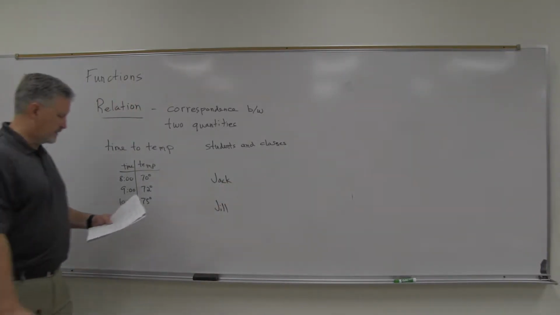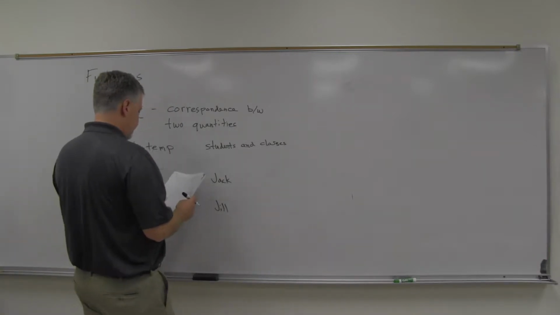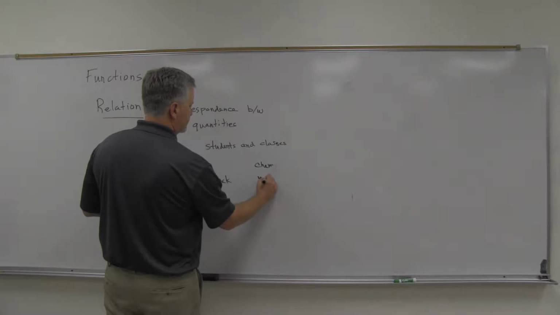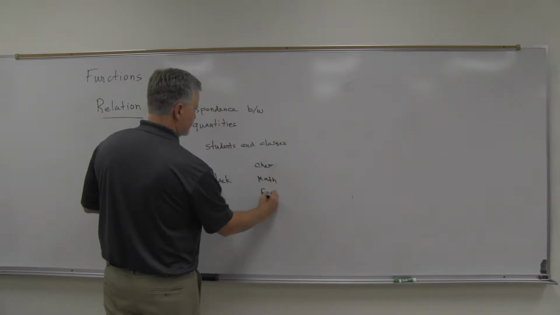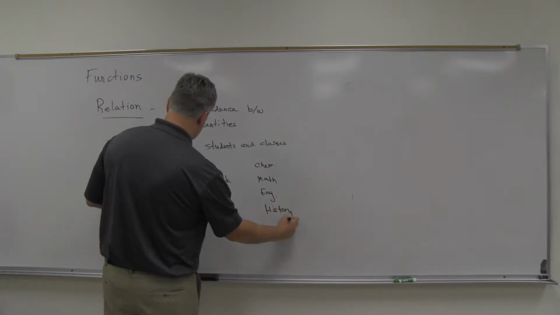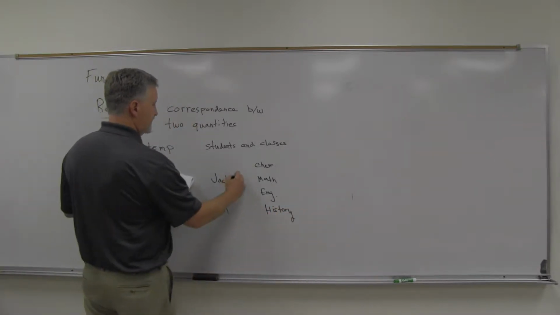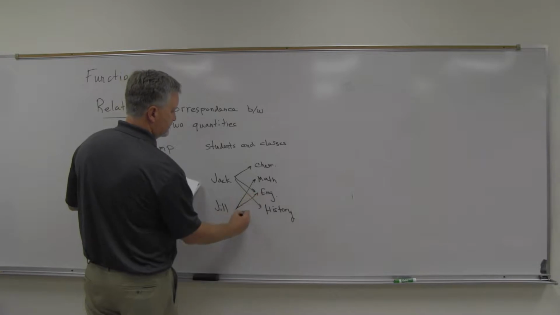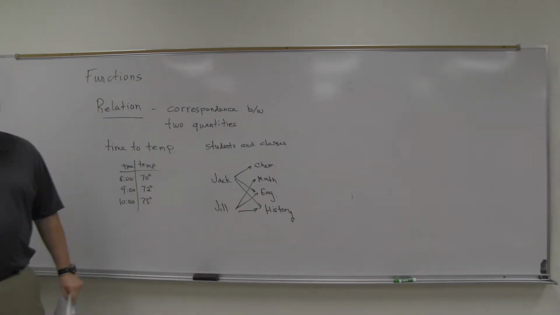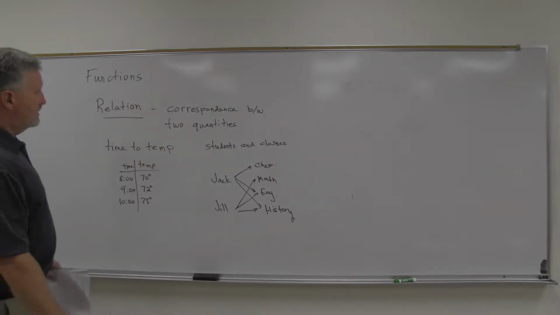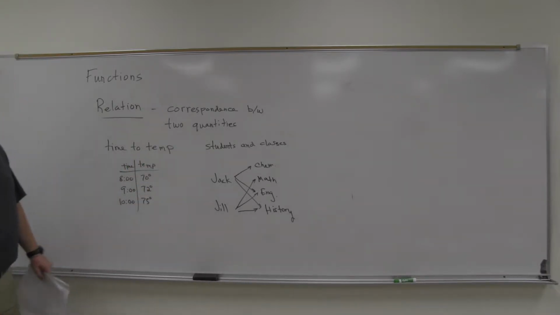So Jack and Jill, and then over here we're going to have our possible classes: chemistry, math, English, and history. Well, Jack's taking chemistry, English, and history, and Jill's taking math, English, history. It's called a mapping. And so that's another way that you can set up a relationship in mathematics.